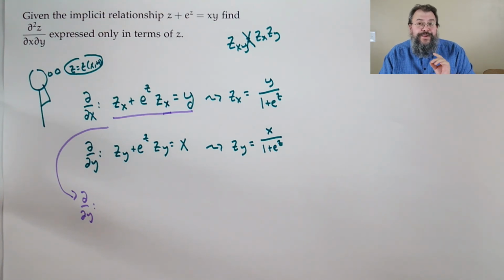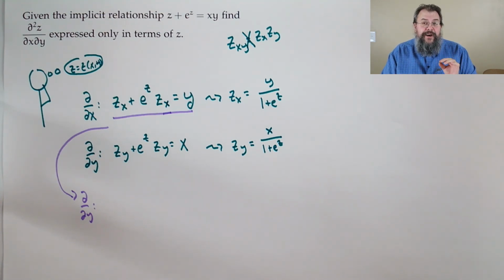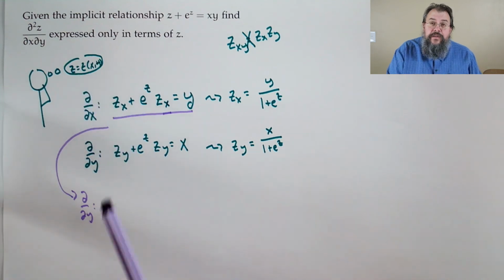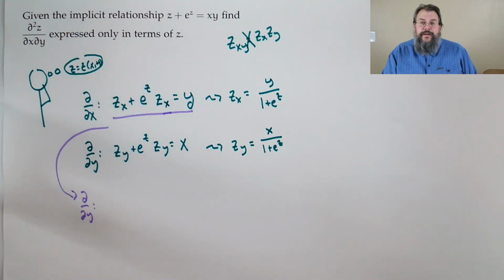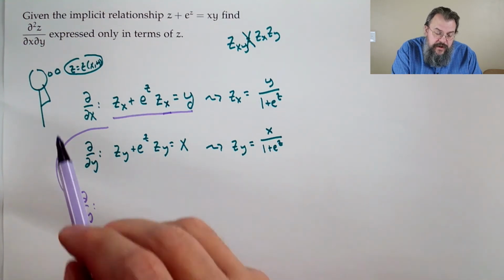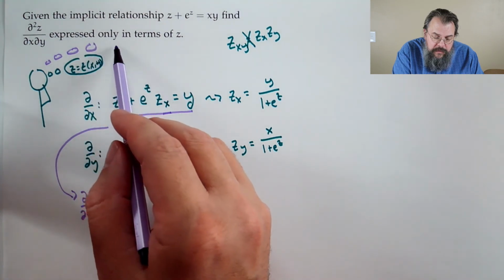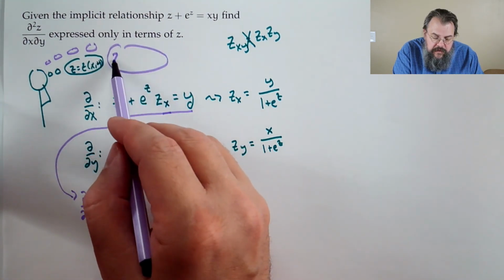Now, before we go too far down this path, I want to be careful here. We were thinking to ourselves, hey, z is a function of x and y. What's true about z sub x? So as we continue our thoughts, what can we say about z sub x?